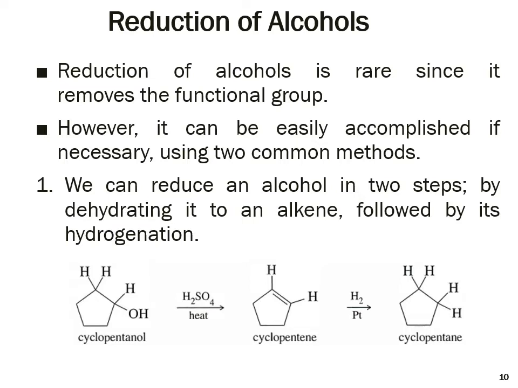Let me just highlight that. This carbon had an oxygen atom attached to it, which is replaced by a hydrogen atom in the product. So the hydrogen has replaced the oxygen, and this is called a reduction reaction.